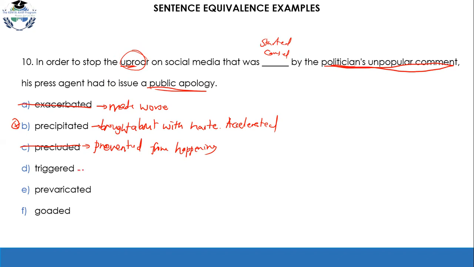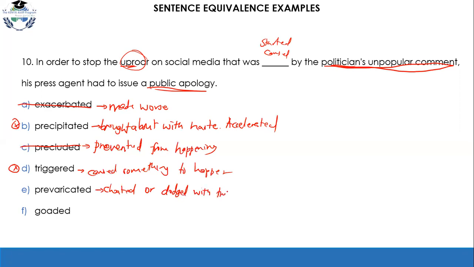So triggered is caused something to happen, right? So his unpopular comment caused something to happen. So triggered again works for us. Prevaricated means cheated or dodged with truth.